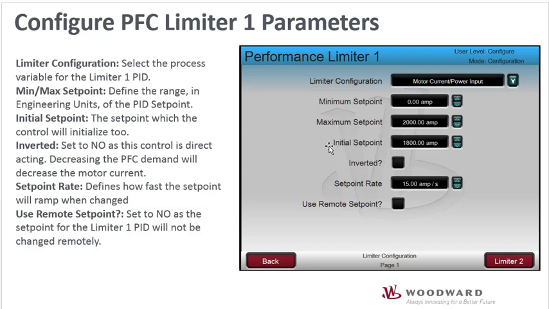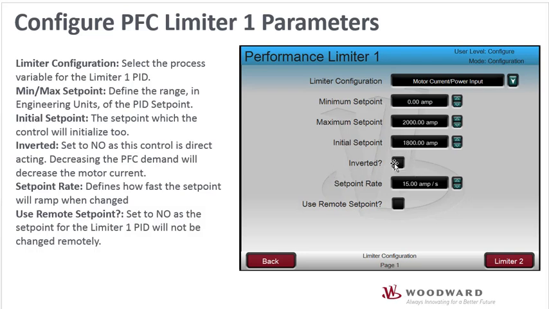We'll need to provide an initial set point, so this will be somewhere less than the overpower trip point of the motor, and we'll limit the performance output once the motor current gets up to this level. So we know this isn't going to change. We're going to set it in as our initial set point, and once the current comes up, that's just what we control to. Now, depending on the application, you can invert this.